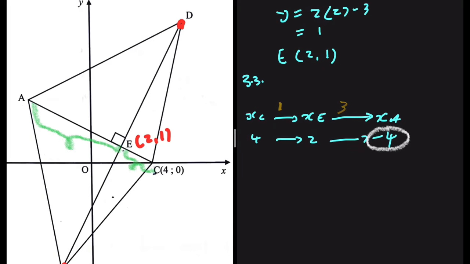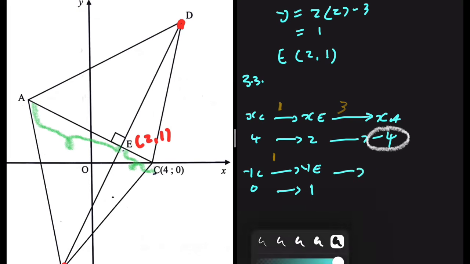And then now let's do the same for the Y values. The Y value of C is 0. What is the Y value of E? The Y value of E is 1. And our ratio is still 1 is to 3. Now we're looking for the Y value at A. From Y of C to Y of E, we moved 1 unit upwards.